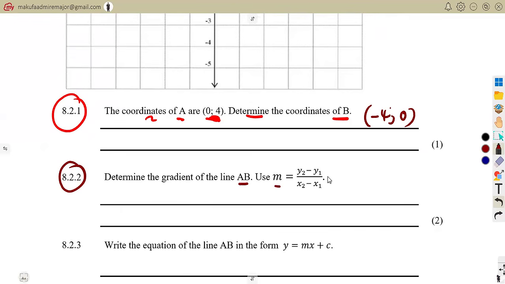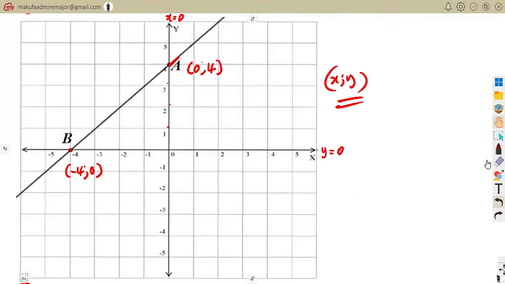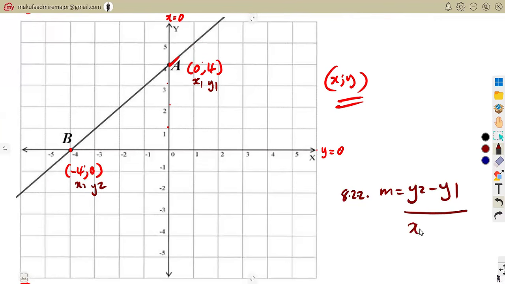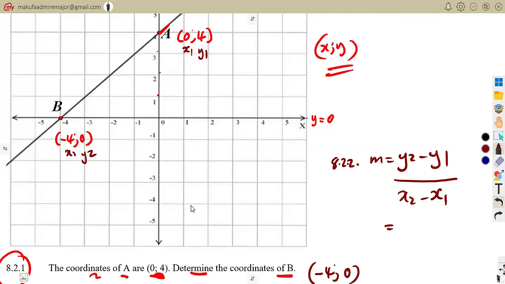Determine the gradient of line AB using this formula y2 minus y1. So we just take this as x1, y1, this is x2, y2. So they said that's 8.22. Use the formula y2 minus y1 over x2 minus x1. So it's just a matter of substituting. What is our y2?